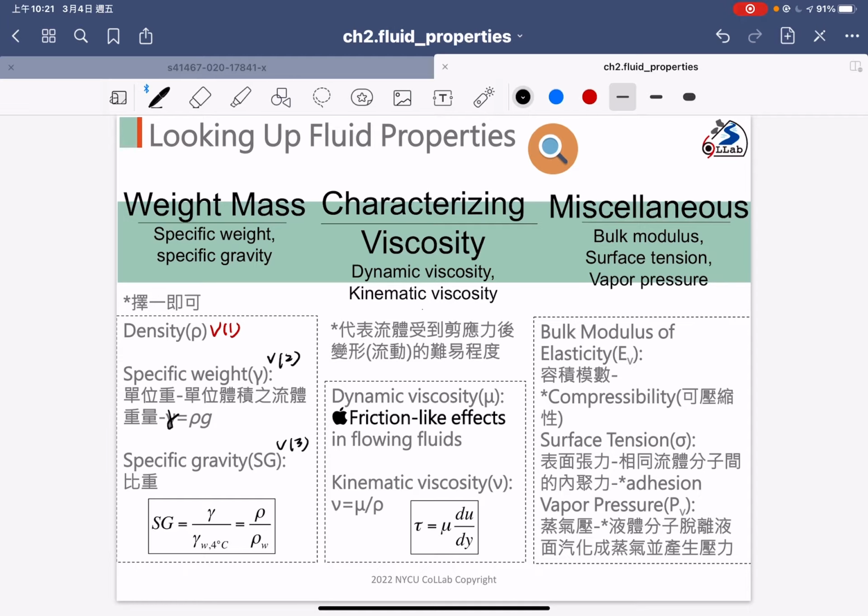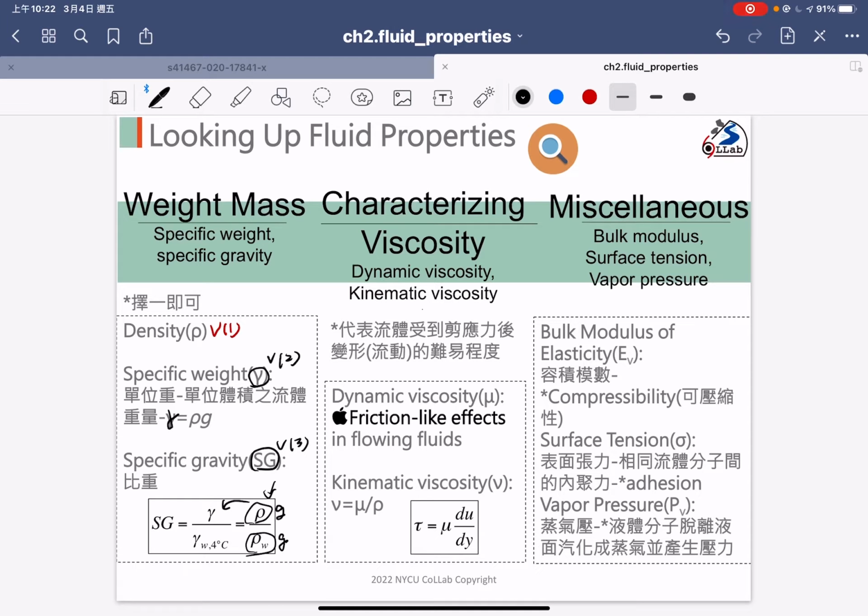Okay, and you can multiply by the gravity constant, and then you can convert to gamma, right? So totally we have three fluid properties related to density. The first one, density, the second, specific weight, and the third, specific gravity. You need to remember the specific weight is gamma, and the specific gravity is Sg.